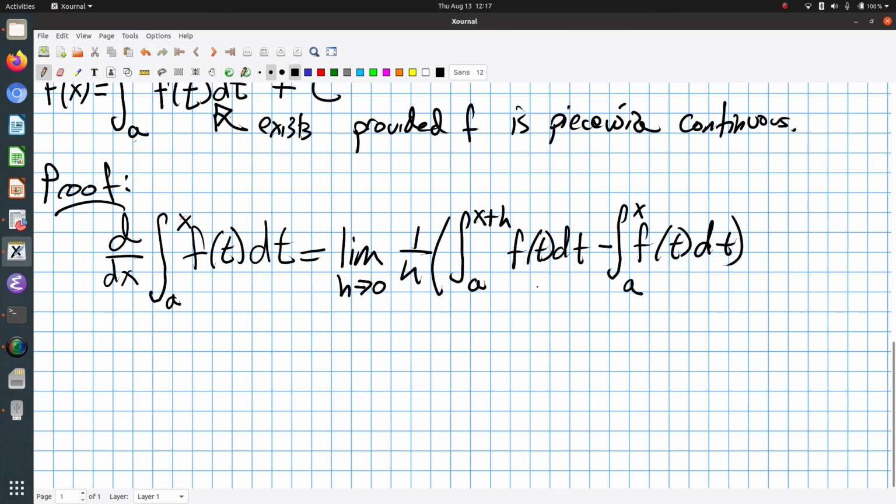Now, since I know what this is, I know this expression describes an antiderivative. Let's suppose F of x is defined by this expression.